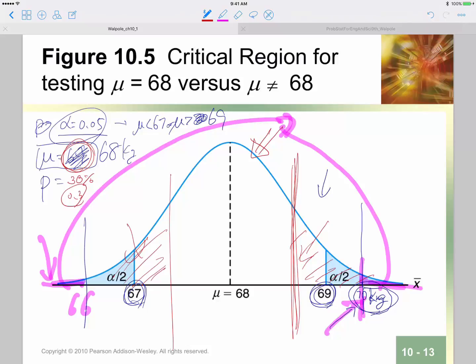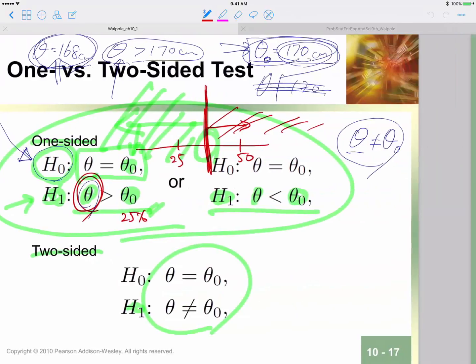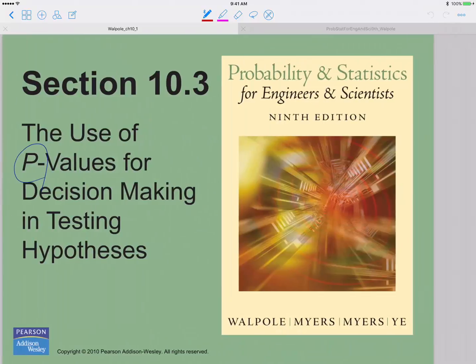So that way we cannot easily reject it. Okay, so instead of setting alpha in advance, based on the value of p computed from your actual sample, you can judge whether or not to reject your null hypothesis.